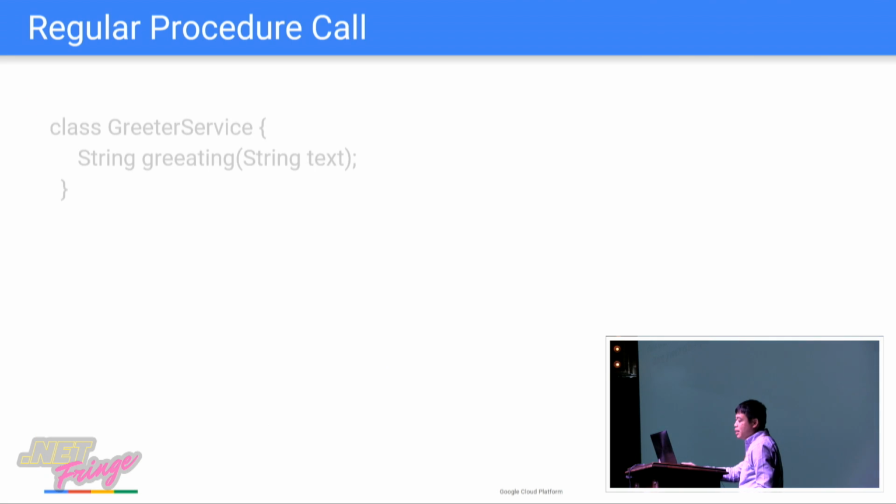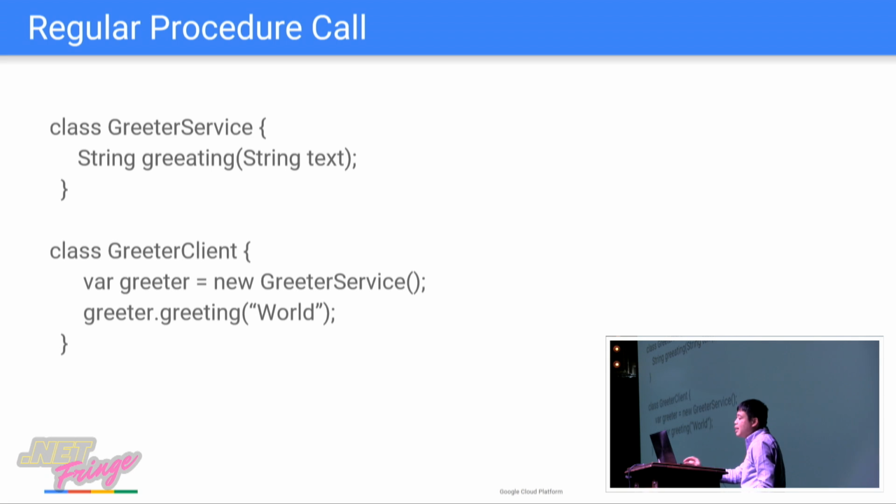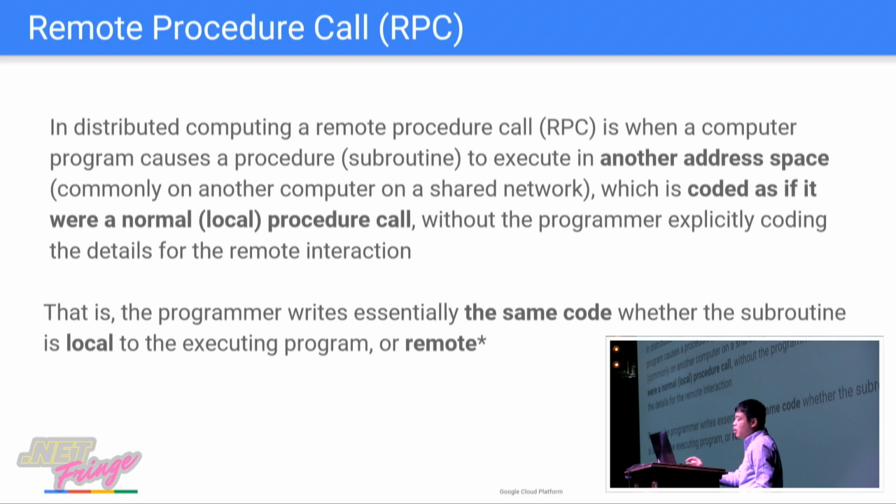Introduction. This is the code sample for a regular procedure call. We all know this very well. And from Wikipedia, this is about remote procedure call. The programmer writes essentially the same code whether the subroutine is local to the executing program or remote.